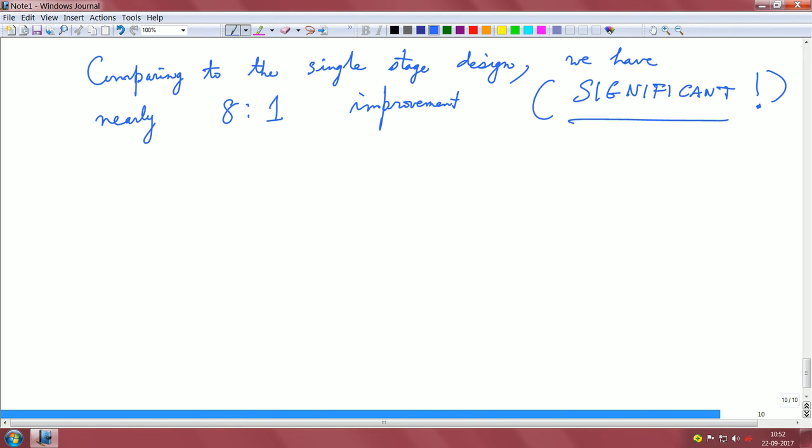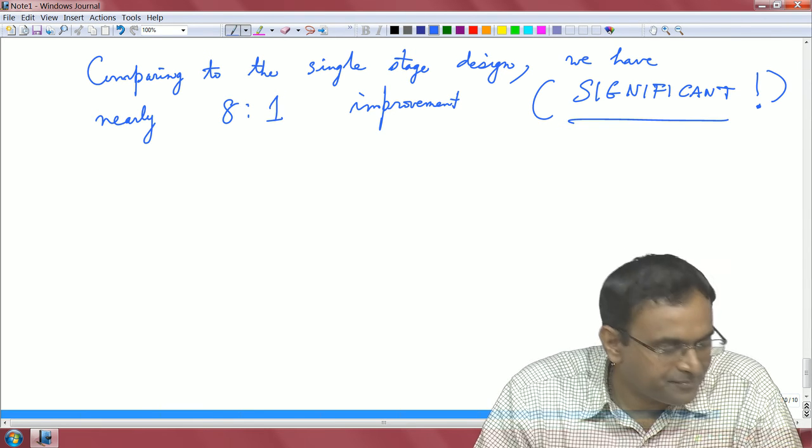This is like 8x of improvement that we have with a two stage design.